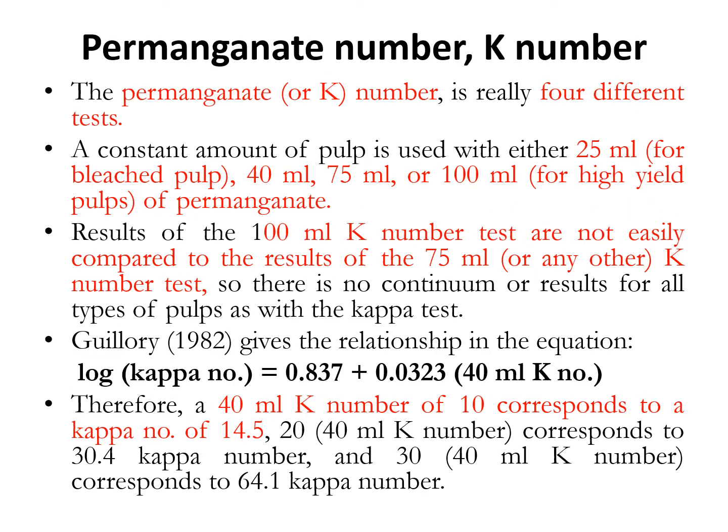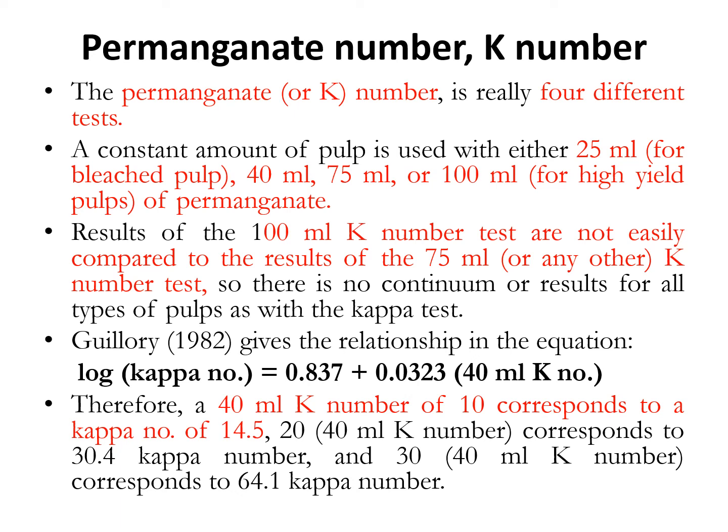Now permanganate number or K number. Actually, this number is really for different tests. A constant amount of pulp is used with either 25 ml, or for bleached pulp, 40 ml, 75 ml or 100 ml of permanganate.